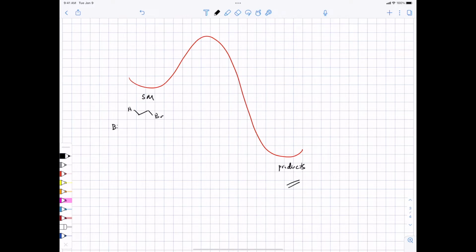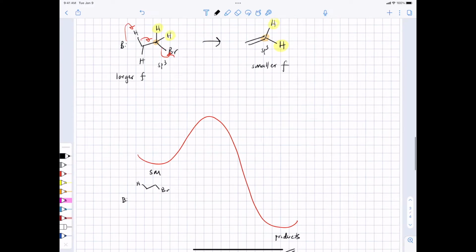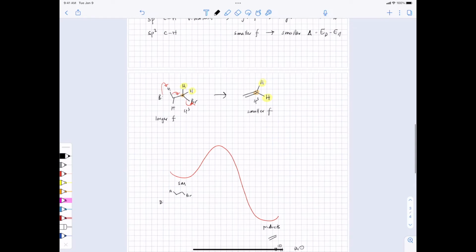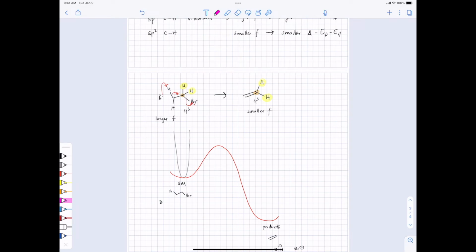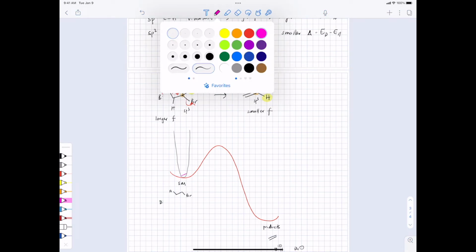There's some base, and then over here there'd be some base just to balance the equation. This is an elimination reaction. But based on what we said up above, if we draw our vibrational energy well here, deuterium is lower than hydrogen.